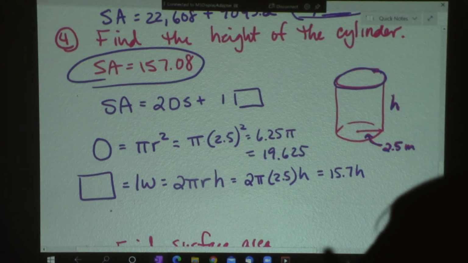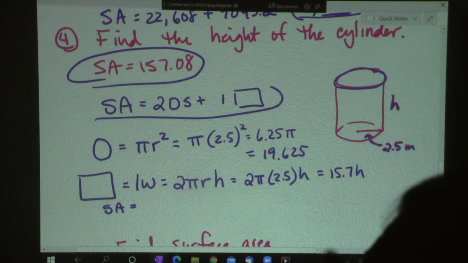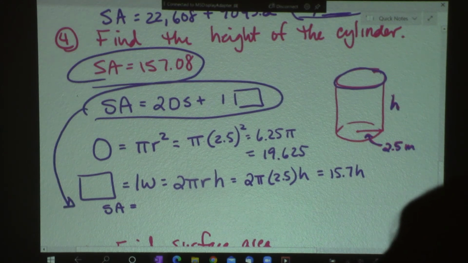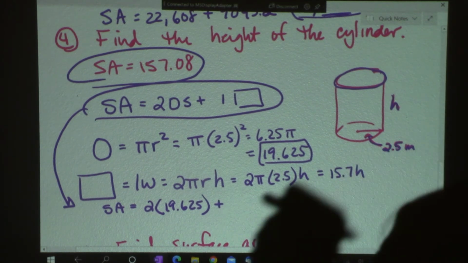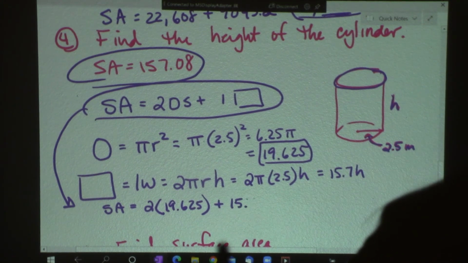So now let's put all of our numbers together. I have my surface area equals 2 circles up here. So let's come down here and put our numbers in. I've got 2 times my 19.625 plus I have 1 rectangle, 15.7H, right there.